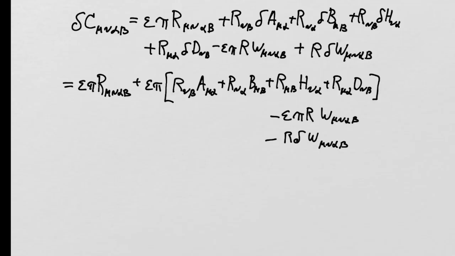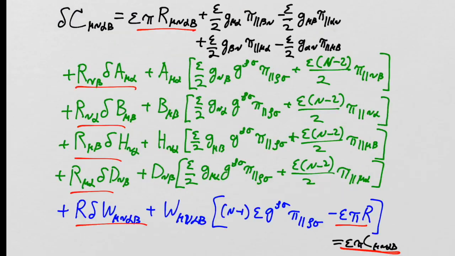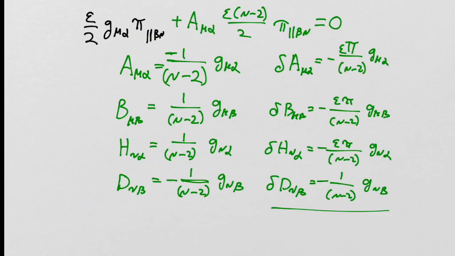So this is what you get when you substitute these variations in here. I did notice that I made a little mistake here, right? If B is this, the variation in B does not get that minus sign, and likewise for H, that minus sign doesn't appear.